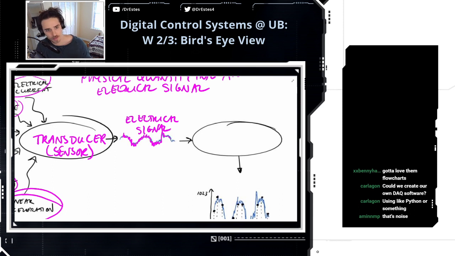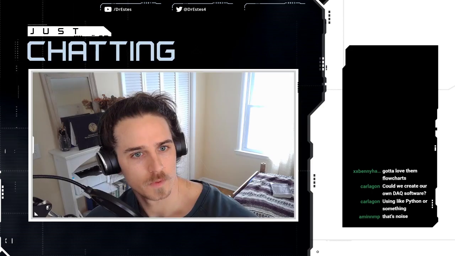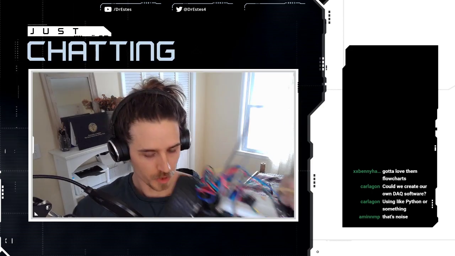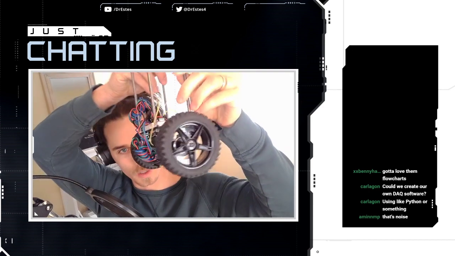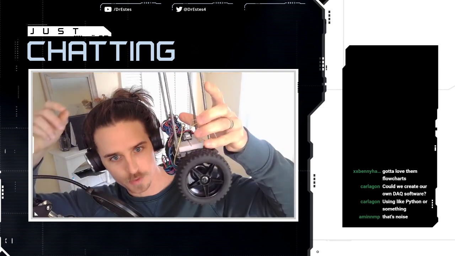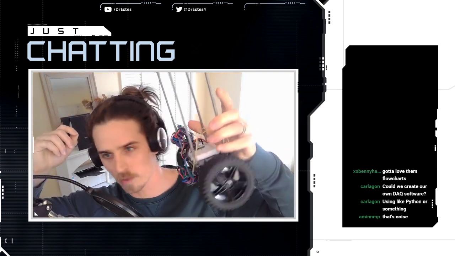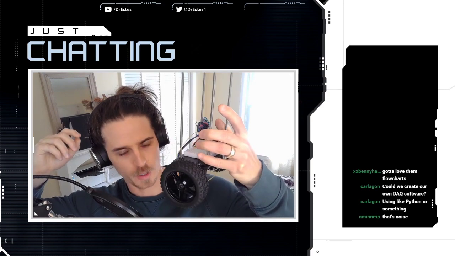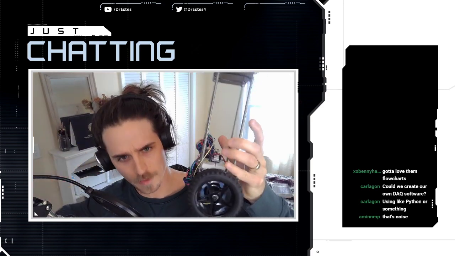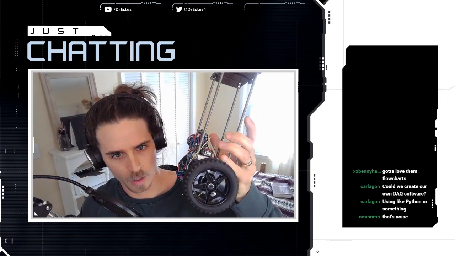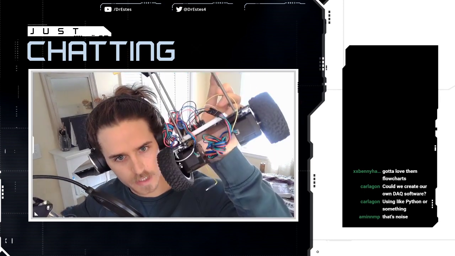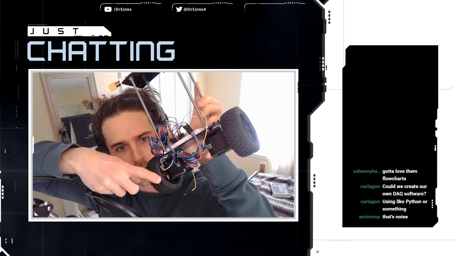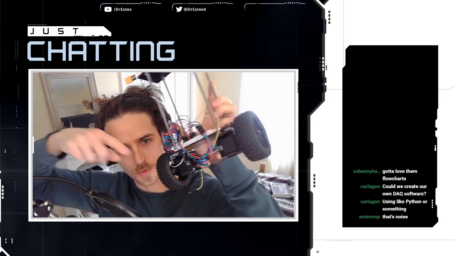Like, okay, I have a great example. This is a balancing robot that I've been trying to build on my own for a while now. And I'm getting close. But one of the problems with this thing is I use stepper motors. That's the type of motor that's rotating this wheel.